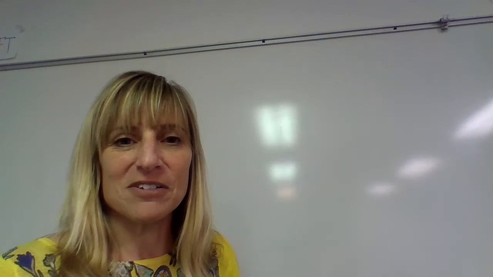Hi everybody. Today, if you're going in order, is Tuesday, and we are going to go over something new today in math. We're going to learn about multiplication twins. Now, we've already learned about addition twins.